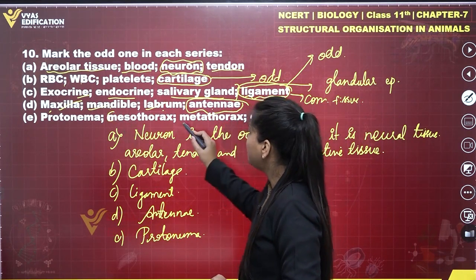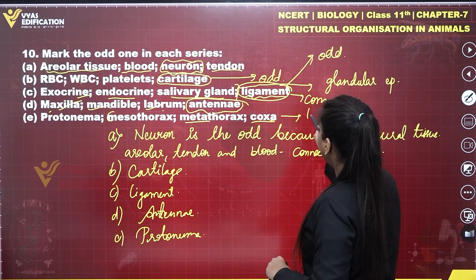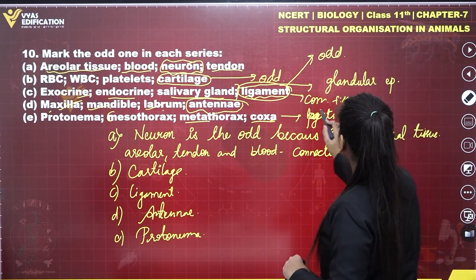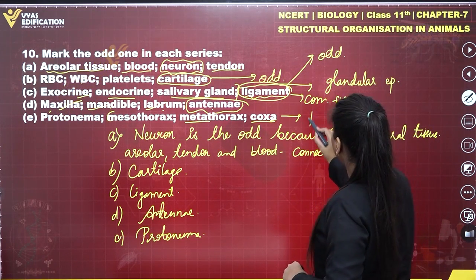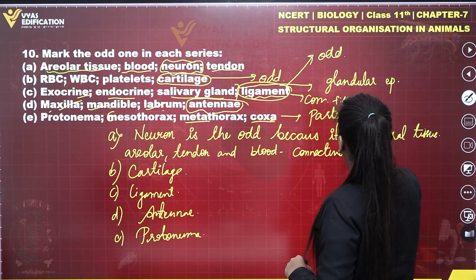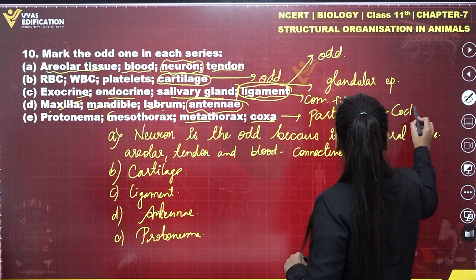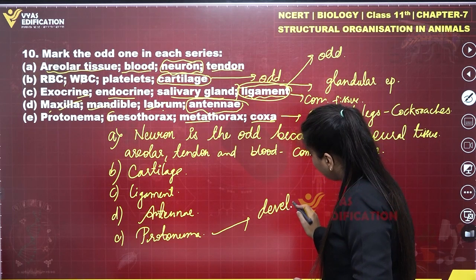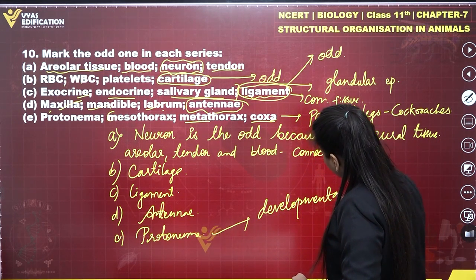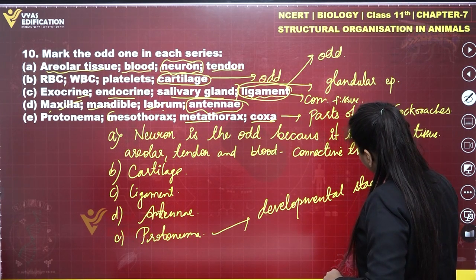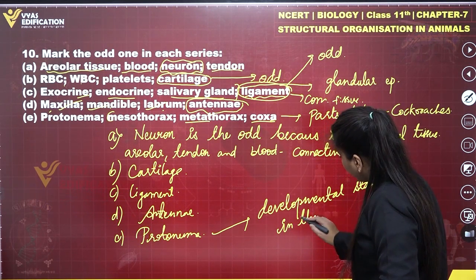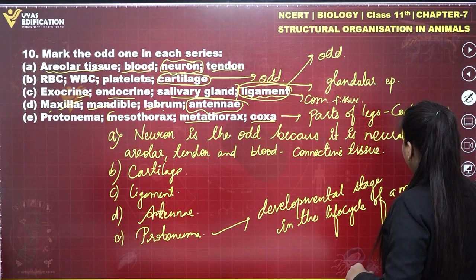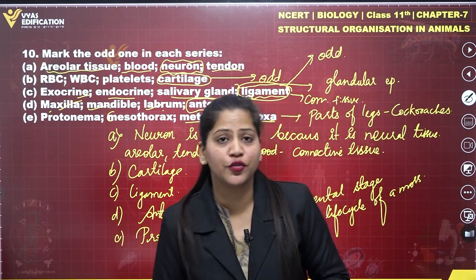So mesothorax, metathorax and coxa are the parts of legs in cockroaches, whereas the protonema is the developmental stage in the life cycle of a moss, right? So with this we have completed the solution of question number 10.